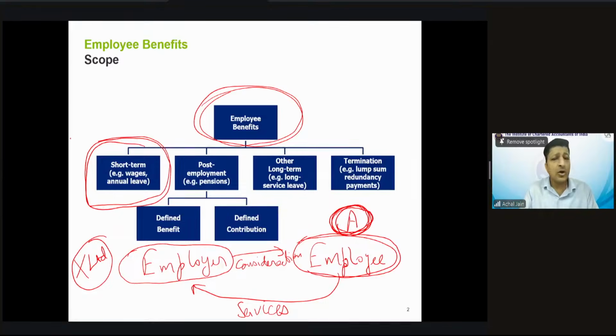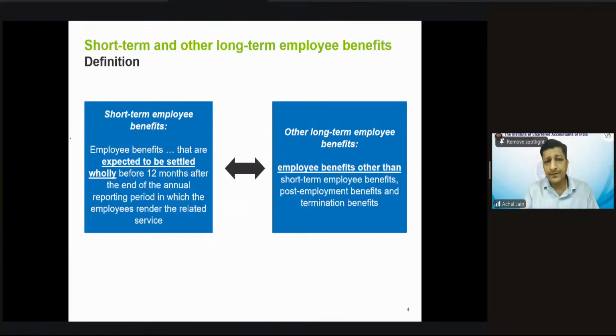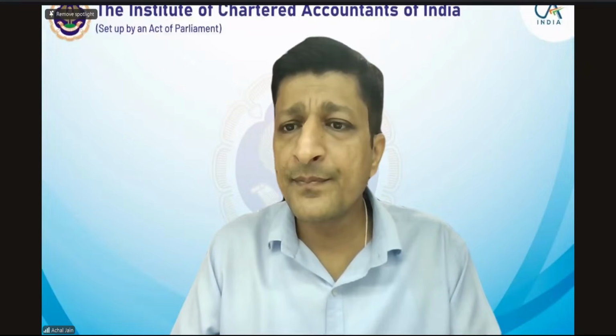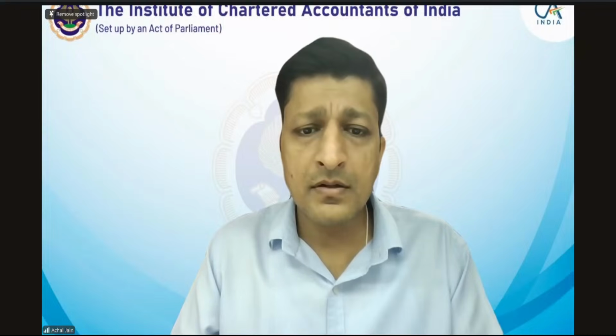Now, what is a short-term employee benefit? Any benefit which is payable, or which becomes due for settlement. Let me just move on to one working file. Just give me a minute.